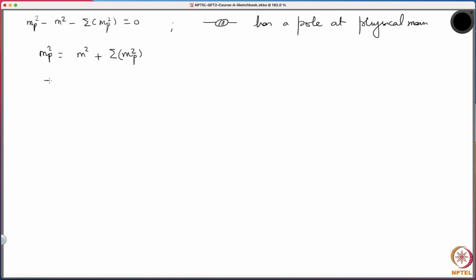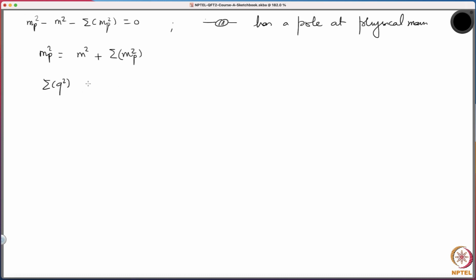I can write sigma mp square in that way, or I can do something else.